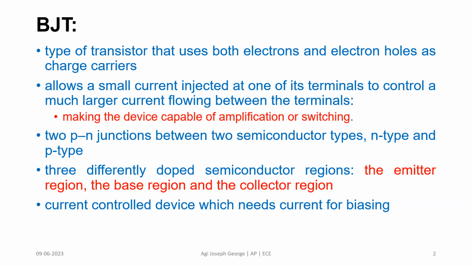Because the emitter is a supplier of charge carriers, it is very heavily doped with respect to the collector region, which is just to receive the current. So the collector is moderately doped. The base region should not supply any electrons, but only inject the current, so the base region is made very small and very lightly doped. This device is actually a current controlled device, and hence it needs extra current biasing.